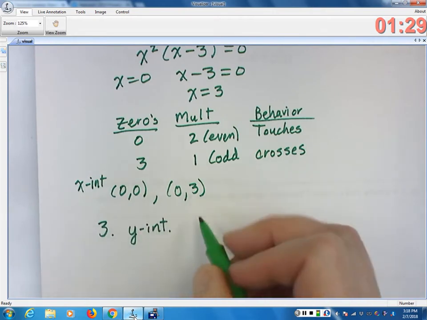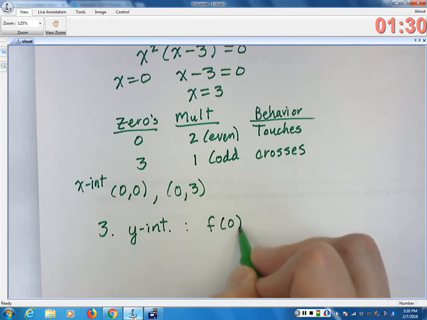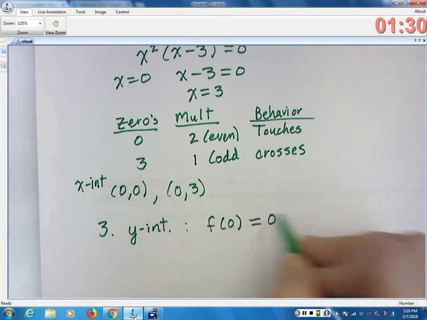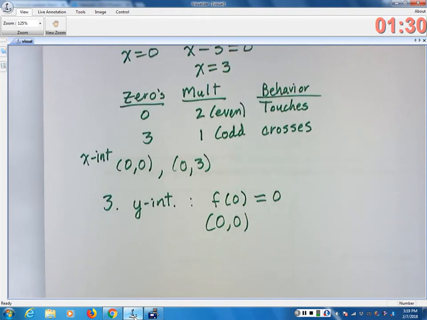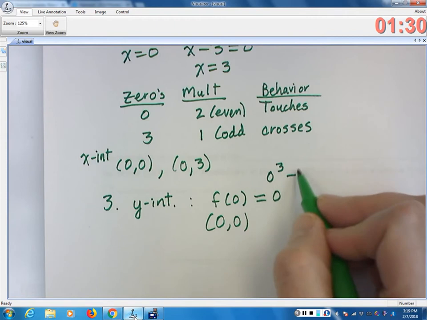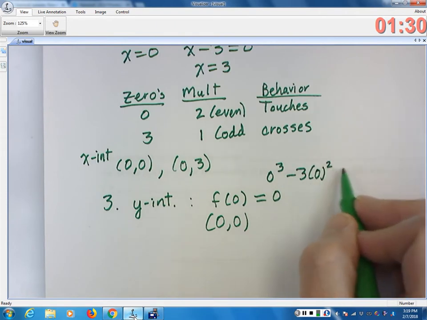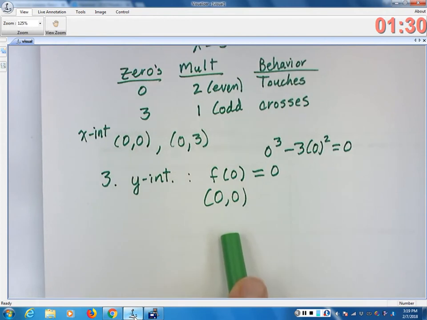Guess what? If you put in 0 for x, you're going to get 0 in this function. It's 0 to the third minus 3 times 0 squared, which is 0. Anytime you have an x-intercept of (0, 0), you get a y-intercept of (0, 0).